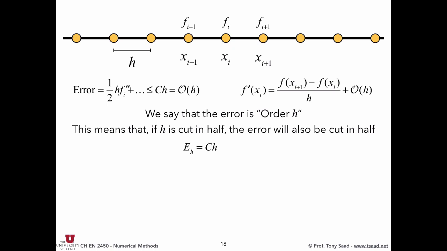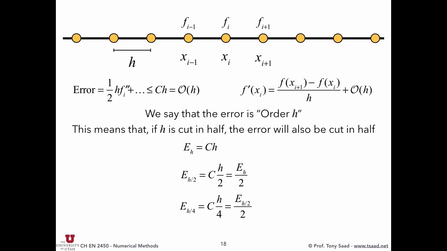What that means is if the error at spacing h is ch, then the error at spacing h over 2 is ch over 2. So if you cut the spacing by half, you cut the error by half. Same thing, h over 4, and so on.